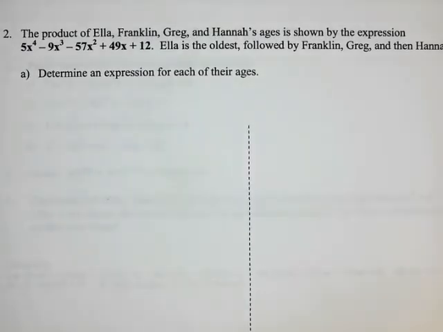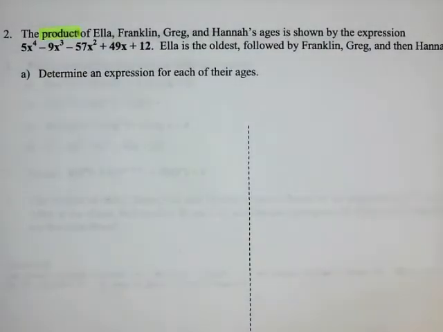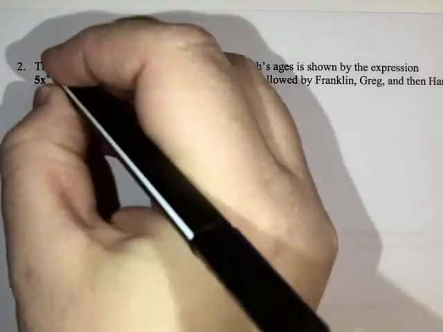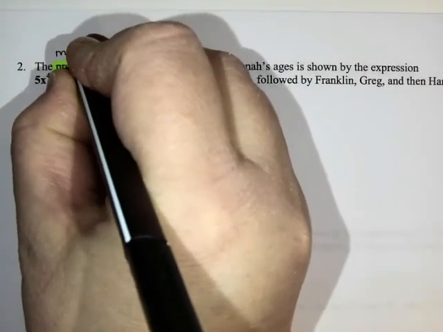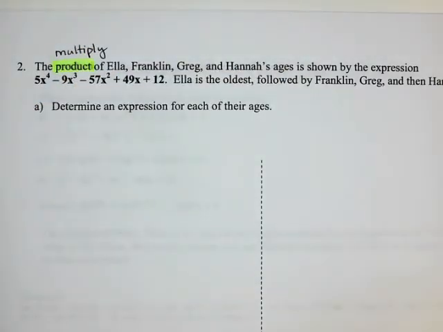So an important word in this question is the word product. Product is the answer you get to a multiplication question. So anytime I see the word product, that means multiply. So if you multiply Ella, Franklin, Greg, and Hannah's ages together, you get that expression.